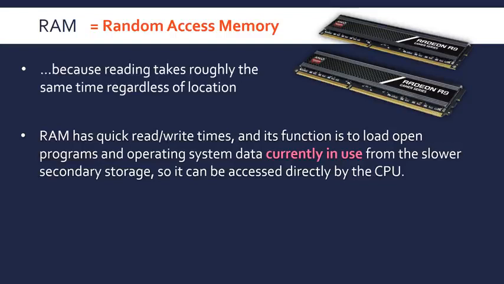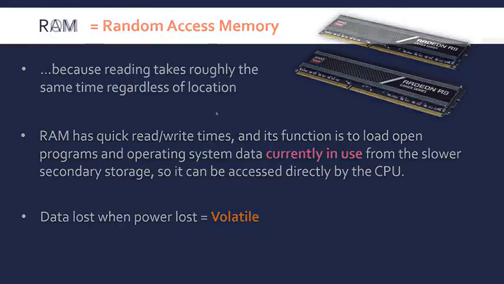So anything currently in use is stored in RAM, and this is why it's not really important for it to be non-volatile. Sure, when you turn your computer off mid Word document, it's annoying because you lose your progress, but the speed makes a big difference here. So to emphasise, you lose the data when the power is turned off, so it's volatile.